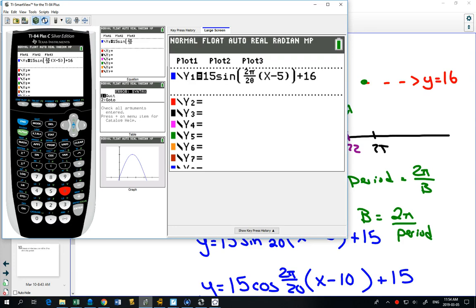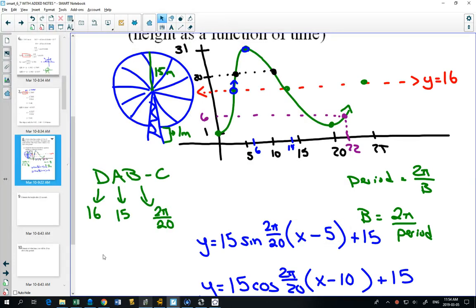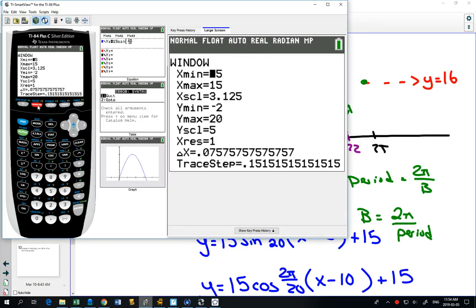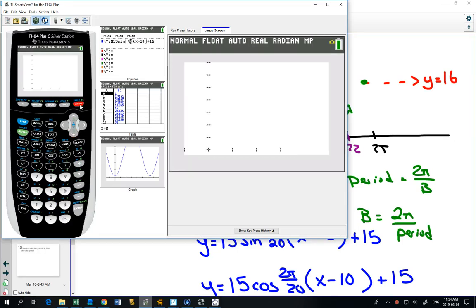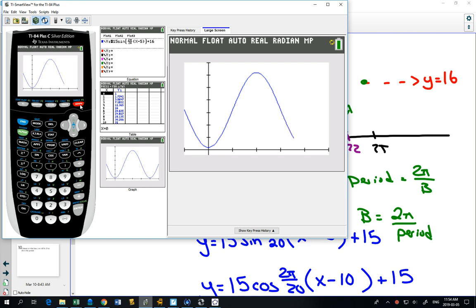If I want to see this, I look at the graph that I made. I need to go up to at least 22 in x to see that, and my y values need to go up to 30, so I'm going to go to my window. I'm going to make my x max go up to 25, my scales going by 5s. And so I set my window so that I can see exactly the same graph that we had drawn.